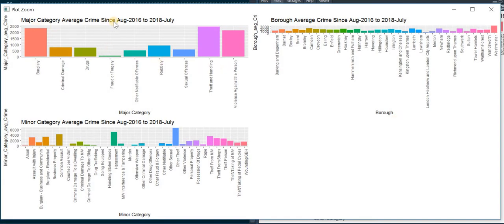So you can see the major category average crime from August 2016 to July 2018. This is the minor category average crime. This is the borough average crime. You can see Westminster is on the slightly higher side.